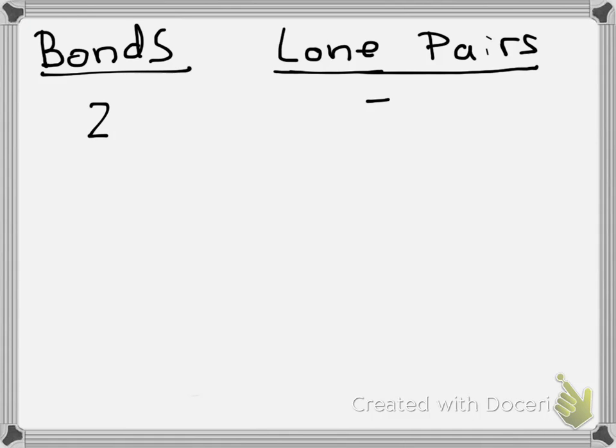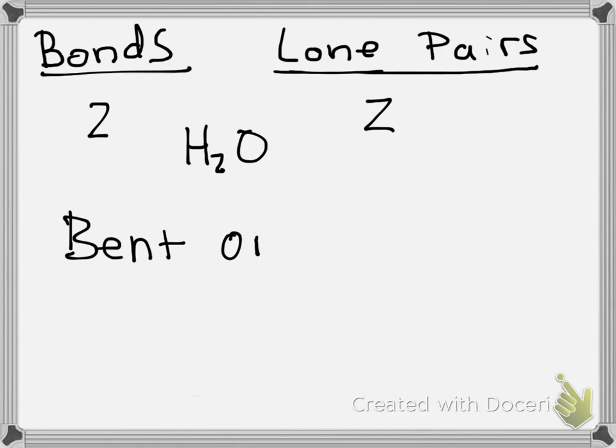Alright, the next one is 2-2, so it's still in the 4 location category. An example of this one, because we haven't had an example in a while, would be H2O. This one is actually also bent or V-shaped, and it looks like this.